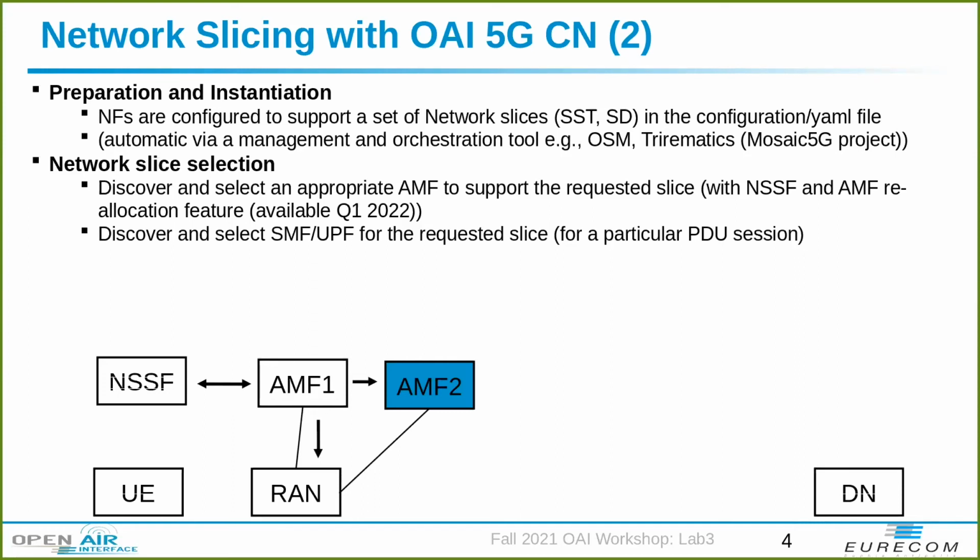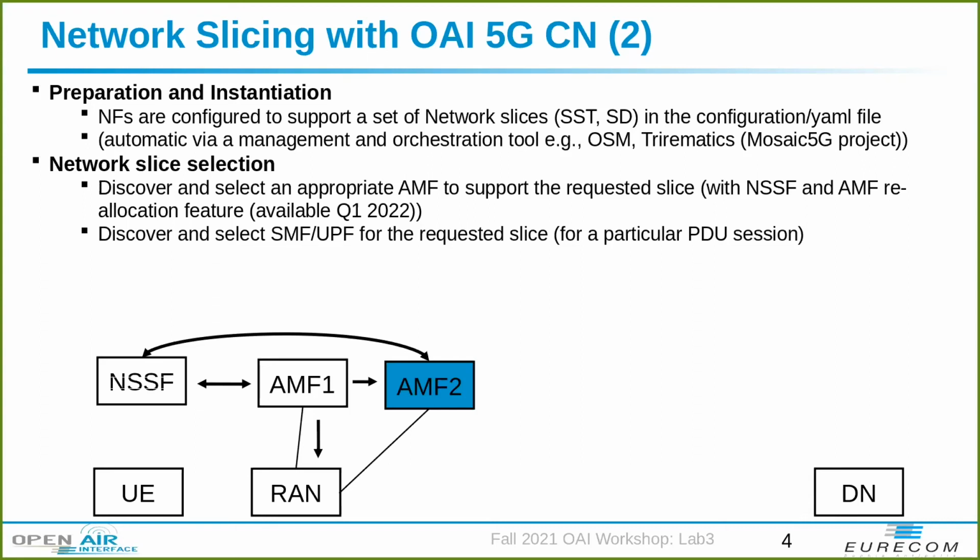RAN entity. So when the UE establishes a PDU session with a data network, the serving AMF2 in this case may need to find the appropriate NRF by querying the NSSF with the requested slice information.